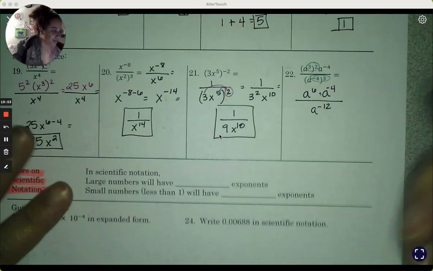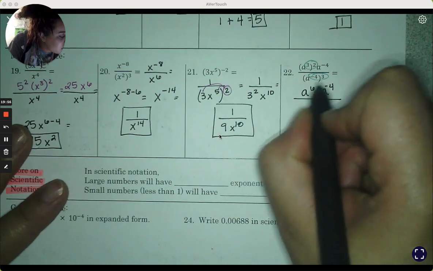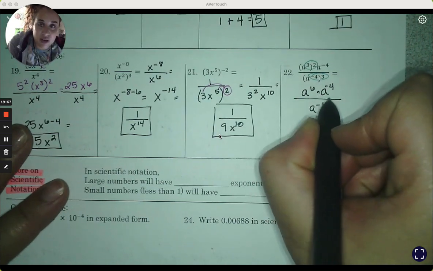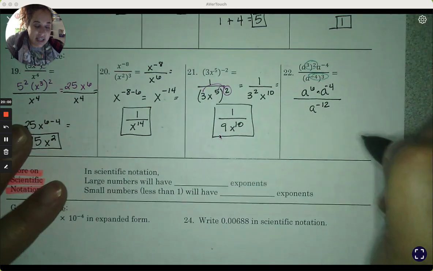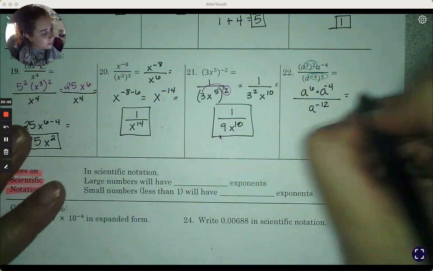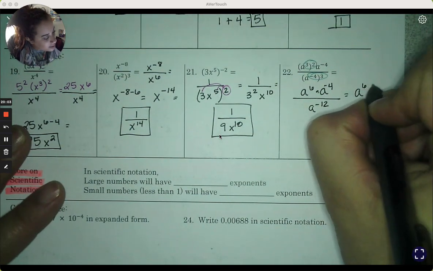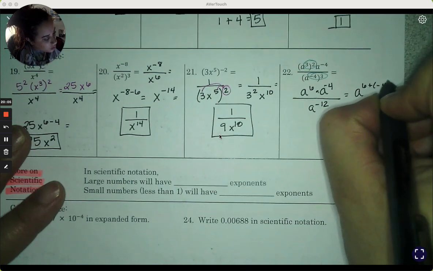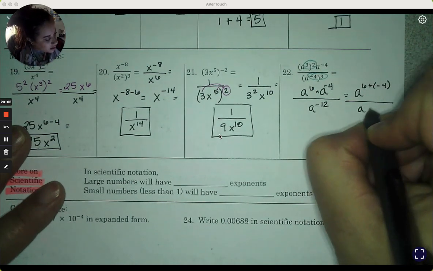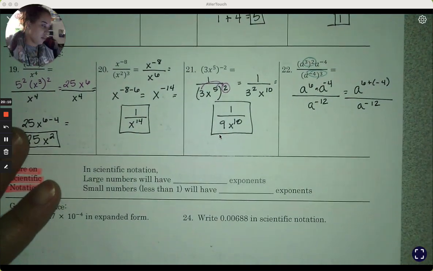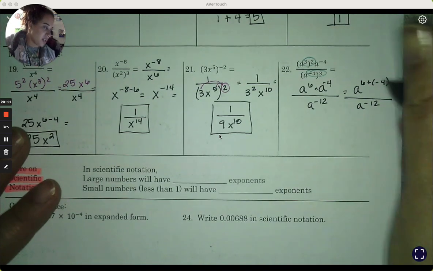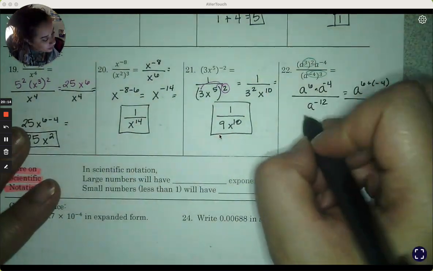Okay, let's go ahead and simplify the numerator. There are 2 bases here. They're both a's. So I can add those together. So we have a to the 6 plus negative 4 over a to the negative 12. 6 plus negative 4 is 2.